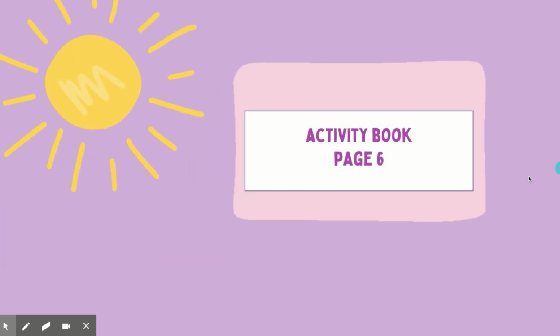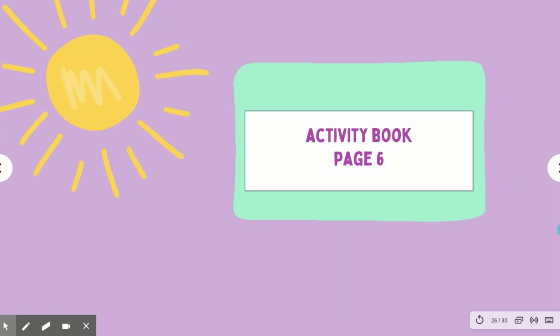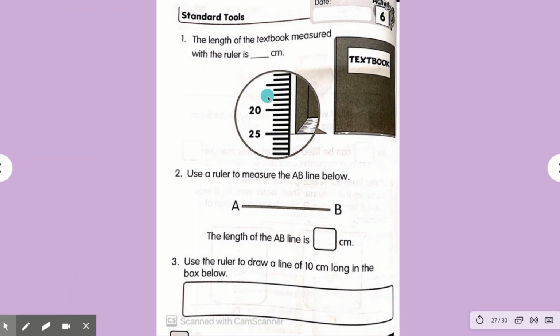Now, let's take a look at the activity book, page 6. Standard tools. Now read the question. The length of the textbook measured with the ruler is... This is a textbook.